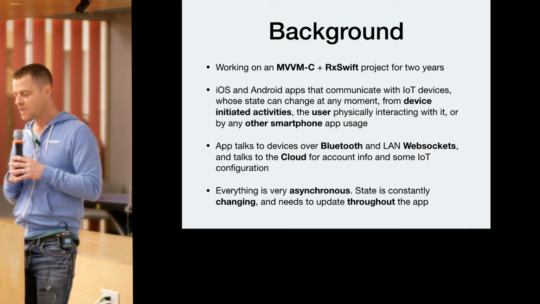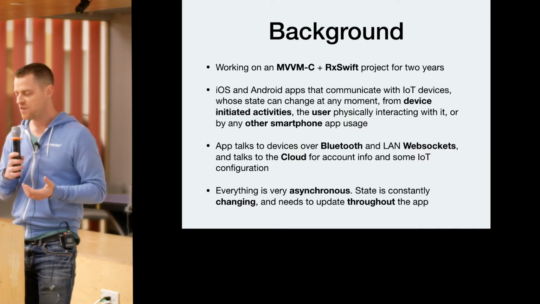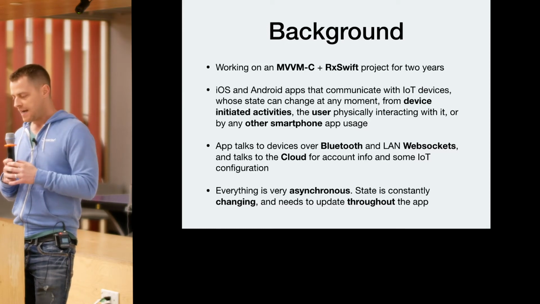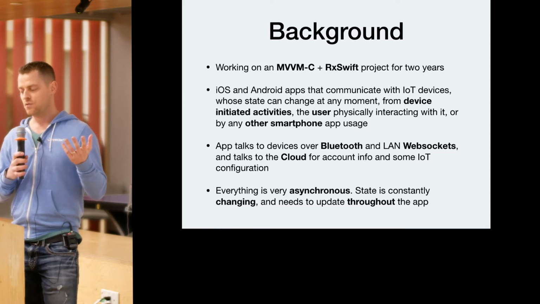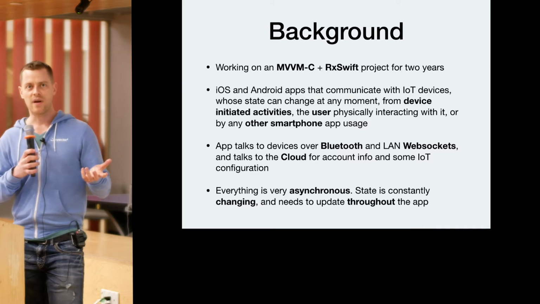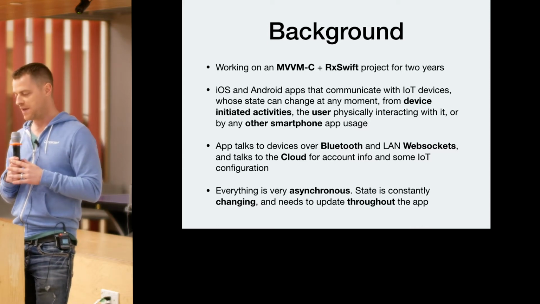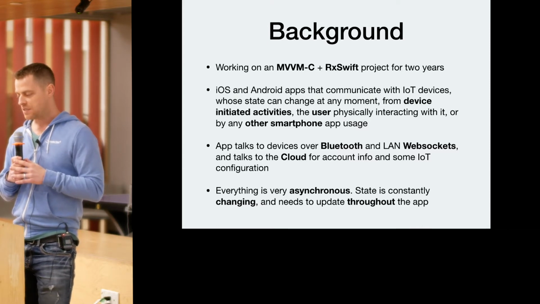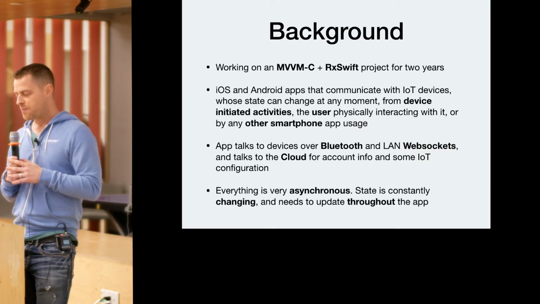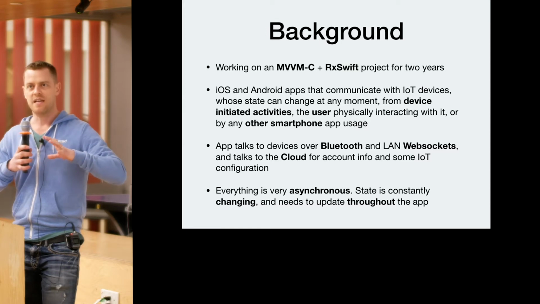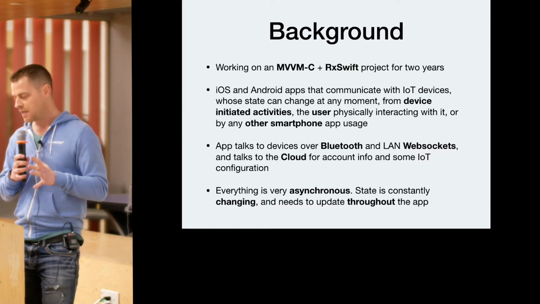And the team had to learn MVVM-C, had to learn RxSwift. And we had 2 native applications, iOS and Android, that were being made in parallel, all of us collaborating. And the app talked to IoT devices, where any state could change at any moment.